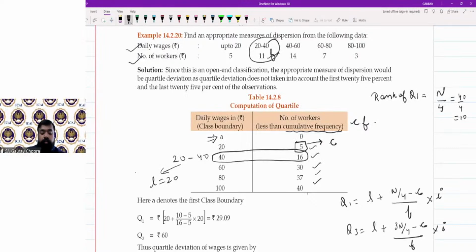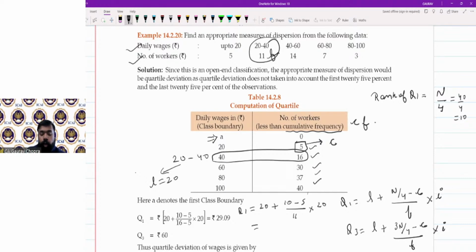So C will be 5. So now we can put the figures. Lower limit plus (rank minus C) upon F. What is F? F is 11, into I. That is the class interval. It is 20.